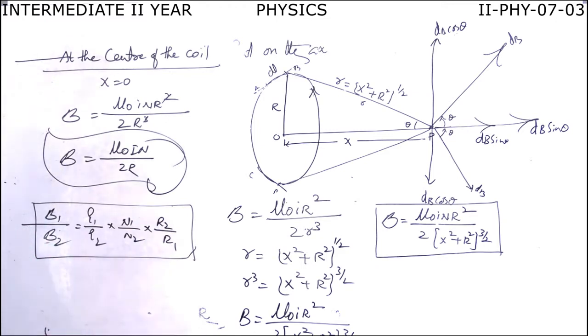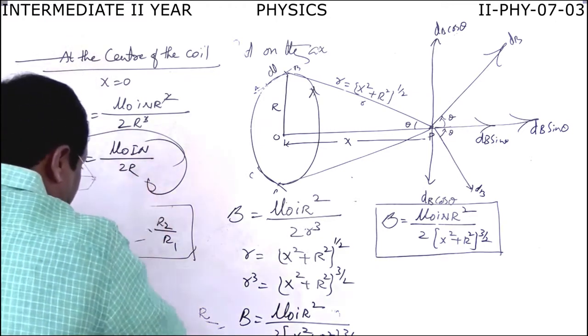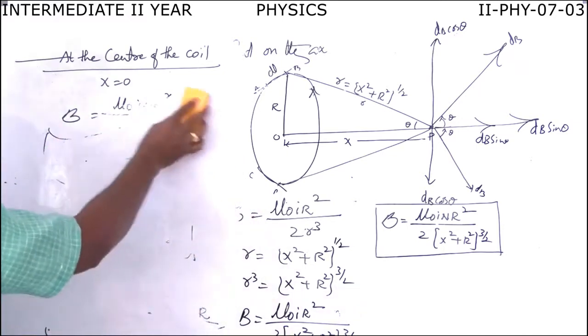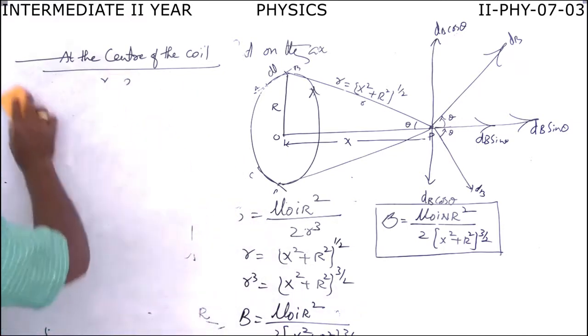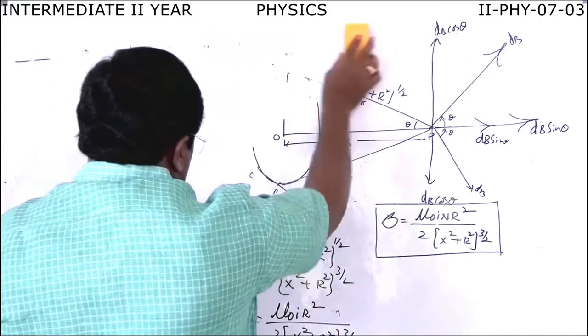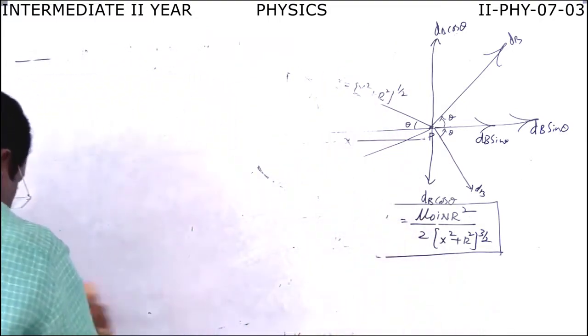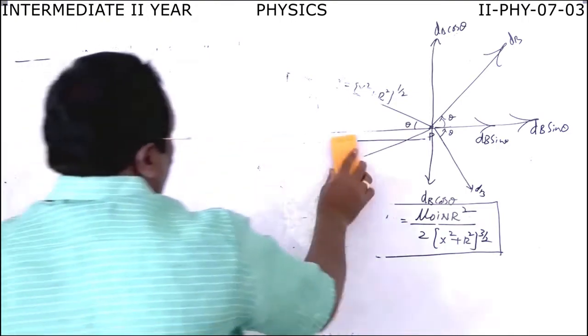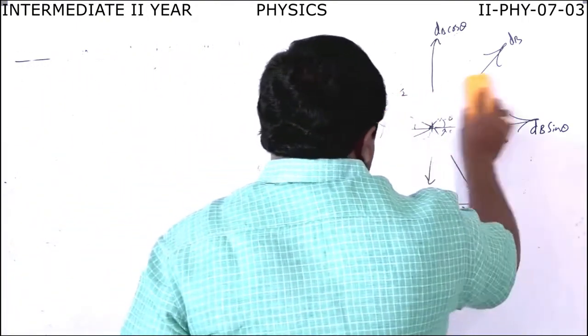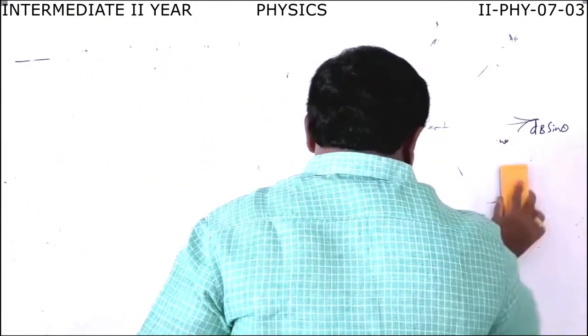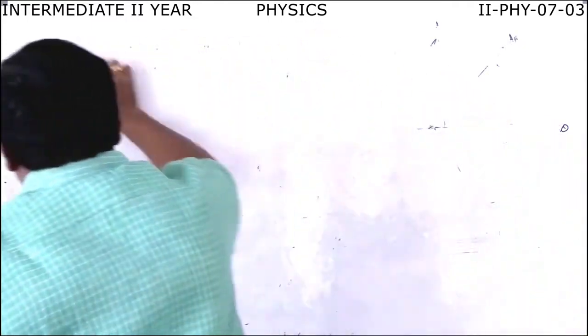Now, this current carrying coil behaves like a magnetic shell. Magnetic shell means a circular magnet which has two poles, one pole at one side and another pole towards the other side. Like this.